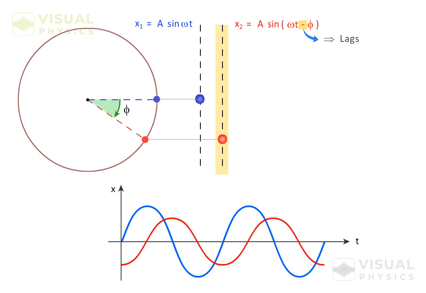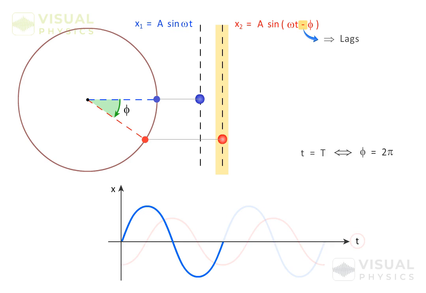As this graph is in terms of time, and 1 cycle of 2 pi rotation is equal to time period T, the graph of this SHM will be shifted by this amount, and it will be shifted towards the right because it will achieve its maximum value after this SHM achieves its maximum value.